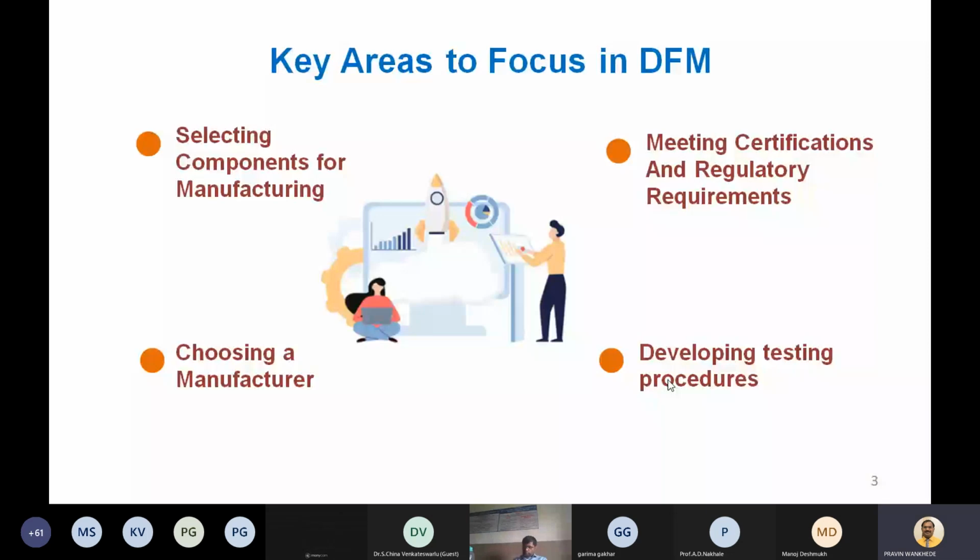Choosing a manufacturer is also very important because you need the right manufacturer. That is very important. In the case of manufacturer here, I am talking about the component manufacturer. I am not talking about the product manufacturer, because you yourself are the product manufacturer here. So I am talking here about the component manufacturers.